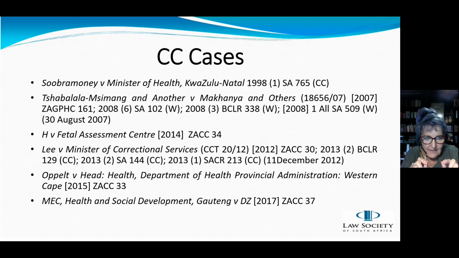Then the parents of that baby can go to court and institute an action and say, we wanted a baby, but we did not want a disabled child. We specifically asked for tests, but the doctor gave us the wrong information. And now we as parents must look after this disabled child.